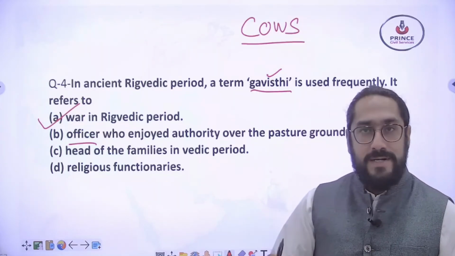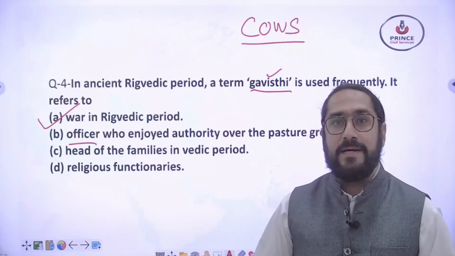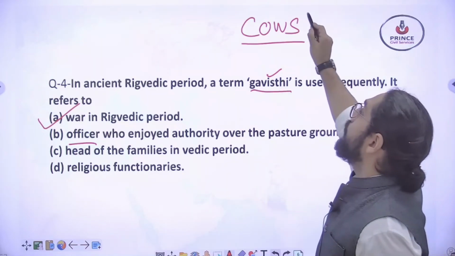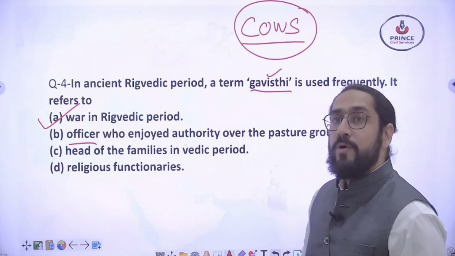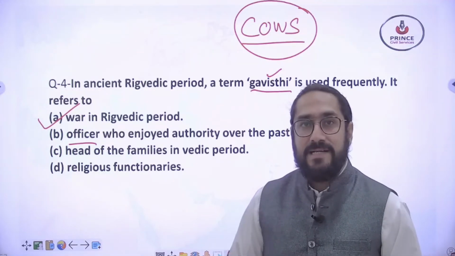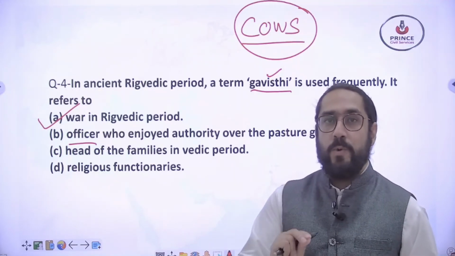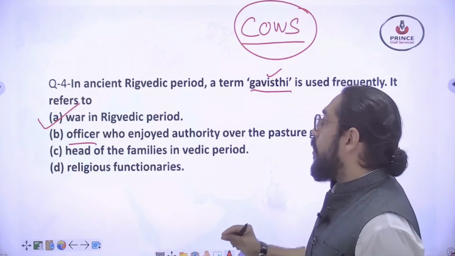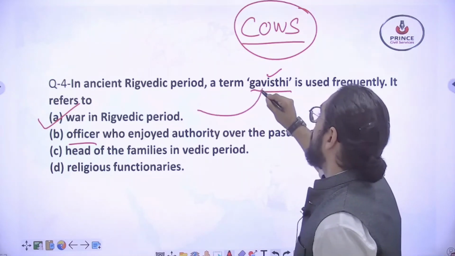There were wars which generally happened for getting more and more cows and cattle. The general term given for these wars was Gavishti.